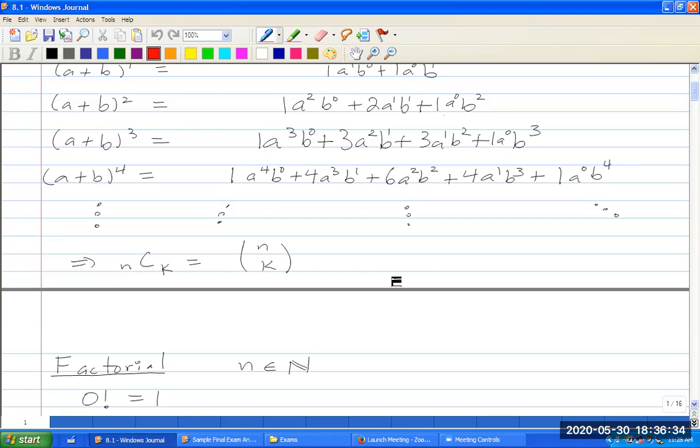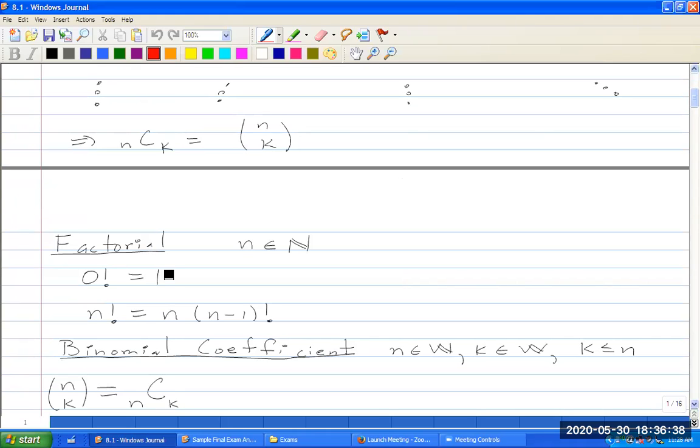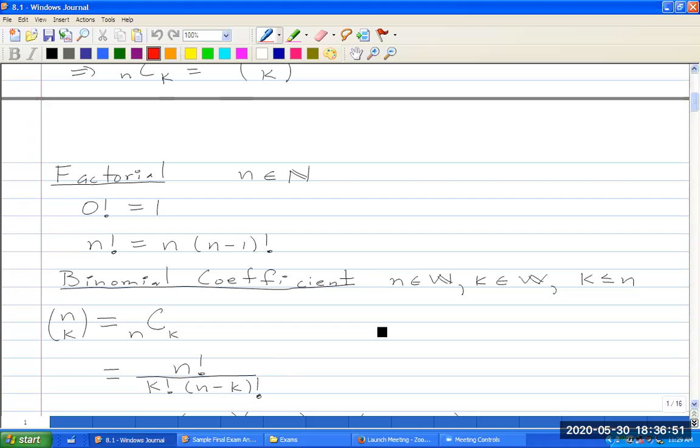factorial was defined as follows. 0 factorial is 1. n factorial is just n times n minus 1 factorial for any natural number n. The binomial coefficient was defined as follows.